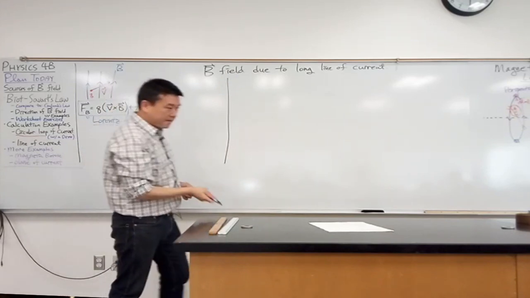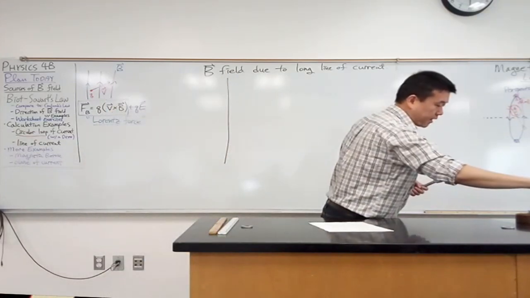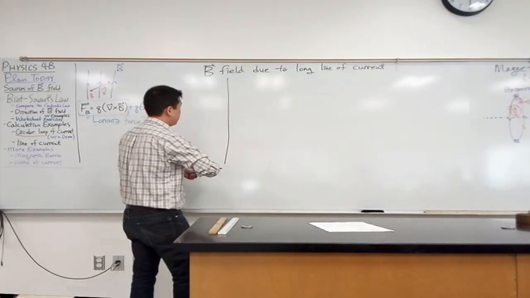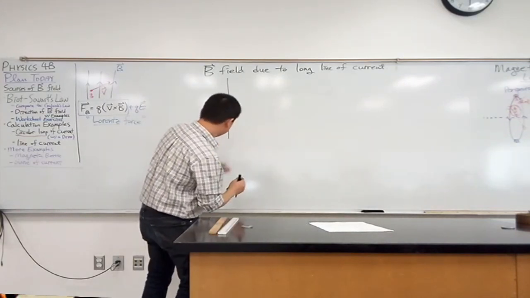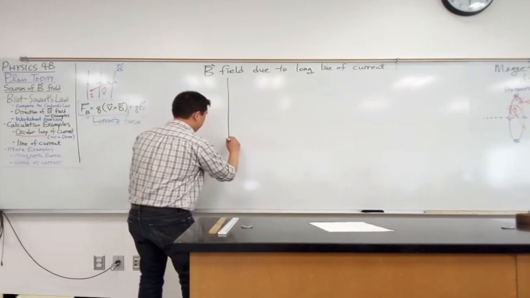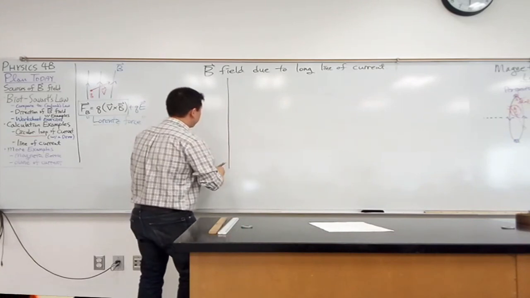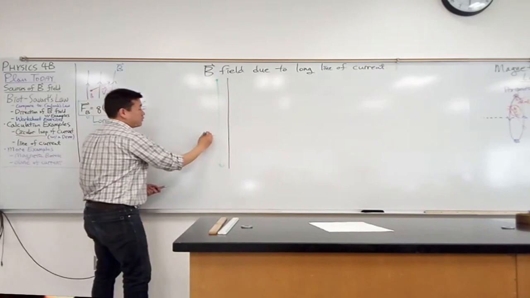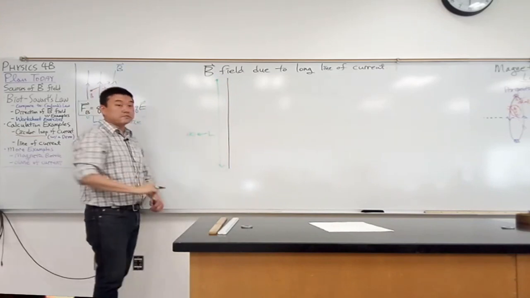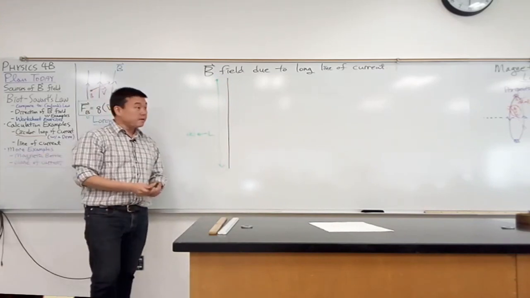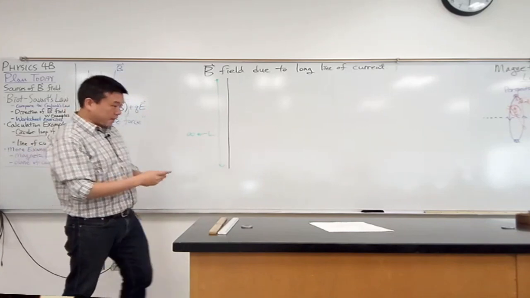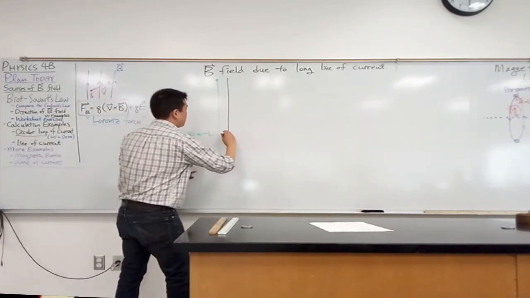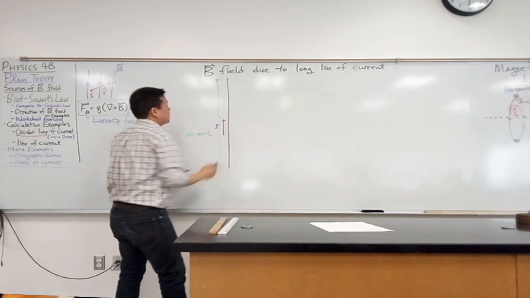And at least to set up the calculation, I will say I'm considering some length L. But what I'm going to do later in the calculation is let L go to infinity, to say it's an infinitely long wire. So it's going to be carrying current I. Let's have it pointing up.